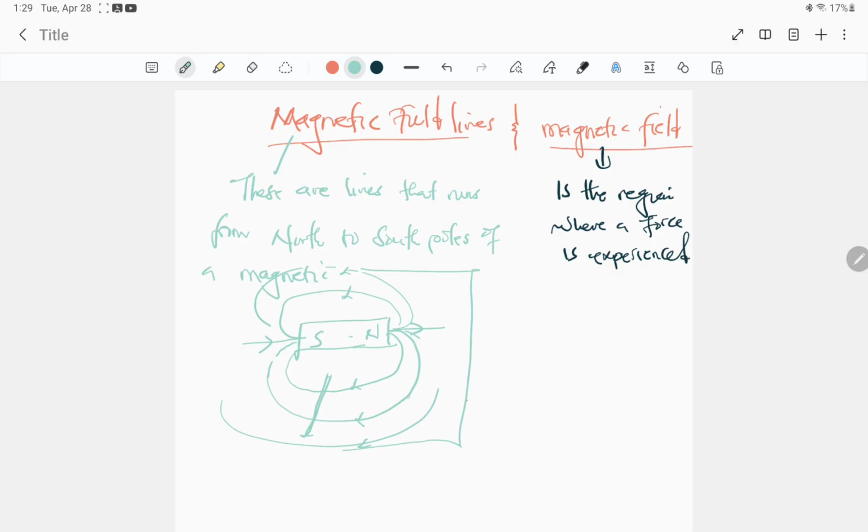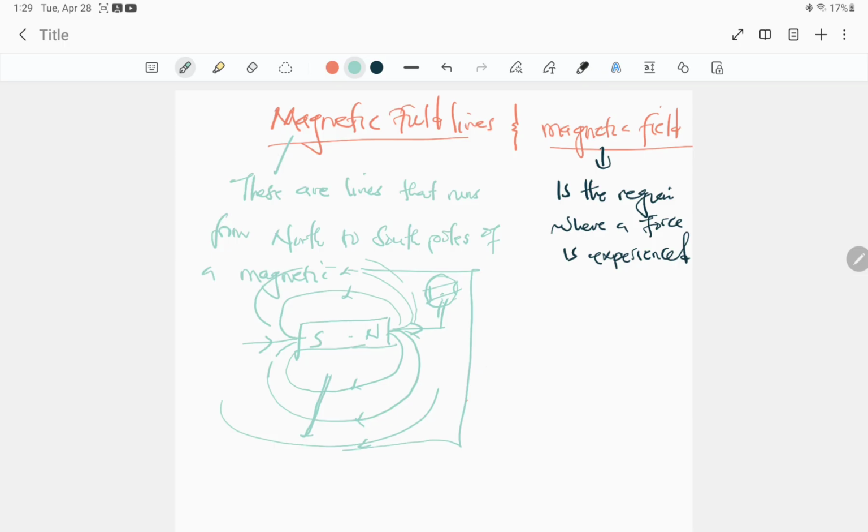So a region where a magnetic force is being experienced is called a magnetic field. A field is just a region where a force is experienced. If you put a wire outside this region where the magnetic field lines are passing, no force will be detected because there are no magnetic field lines passing through it. As a result, this is not a magnetic field.